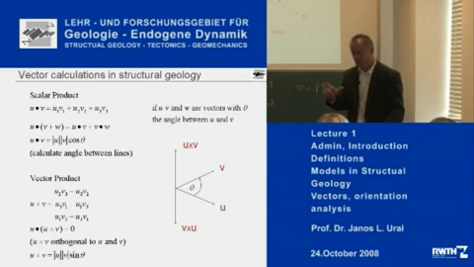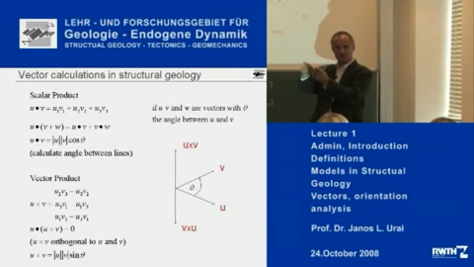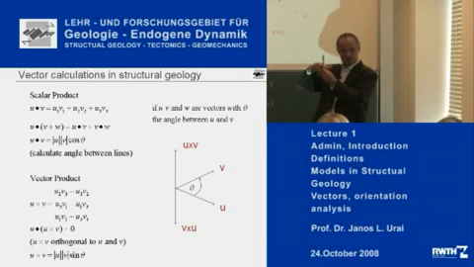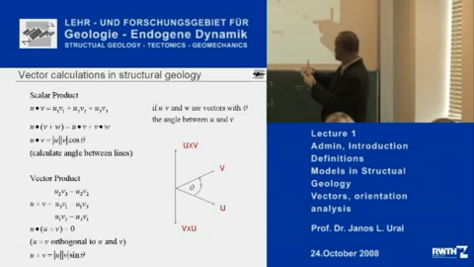So if I have two vectors, this one and that one, then the vector product is a vector which is perpendicular to both, and the length is this one times the sine of the angle between the two vectors.